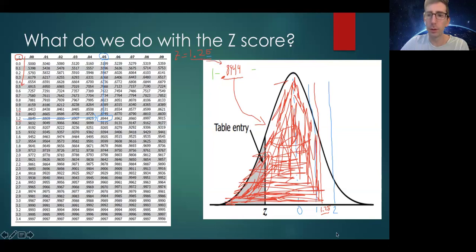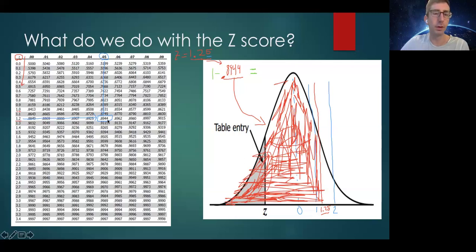This z-value cutoff of 1.25 gave us an area under the curve to the left of it of 0.8944. But if our question asked us about the probability of something such as a lifespan being greater than that initial x value that we would have started off with, what can we do?